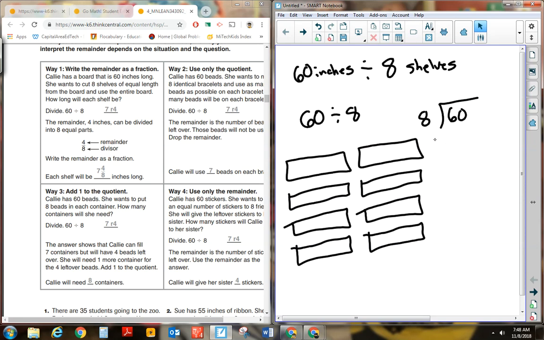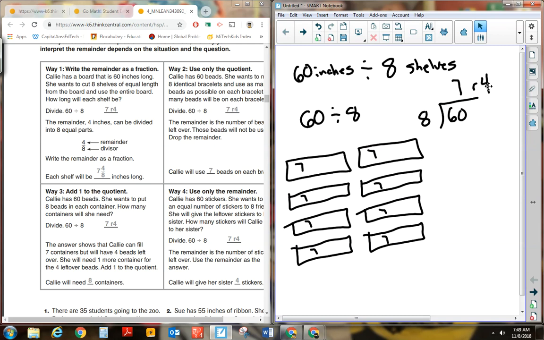And when we do 60 divided by 8, we are going to get 7, right? Because 7 times 8 is 56, with a remainder of 4. So each one of these shelves is going to be 7 inches at least, right? So each one of these can be 7 inches. But we have a remainder of 4. So what does that 4 represent?